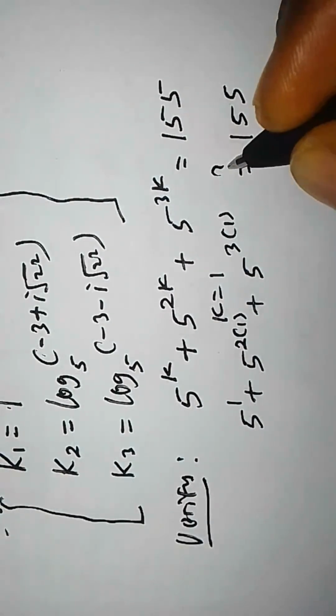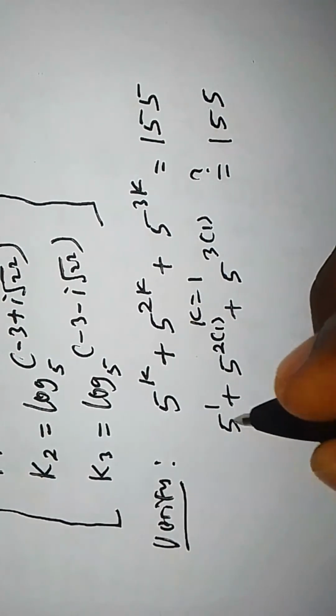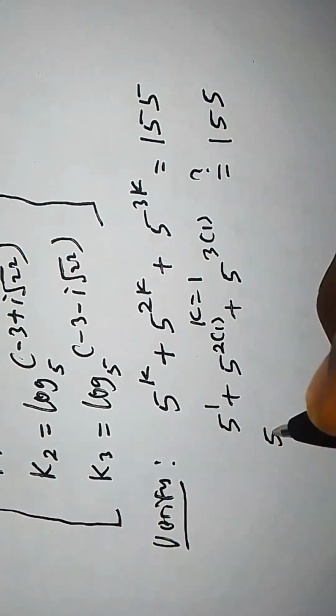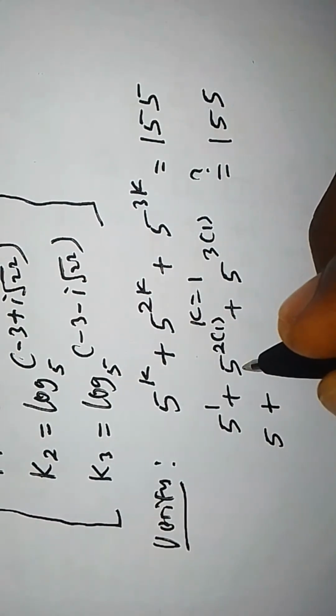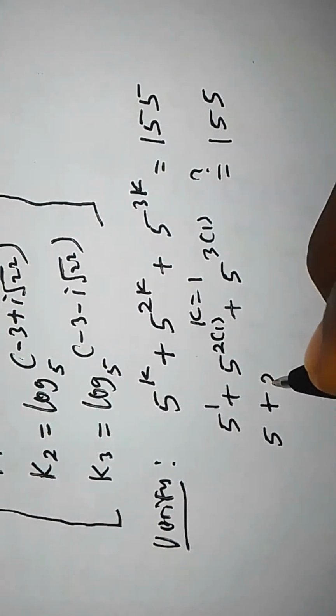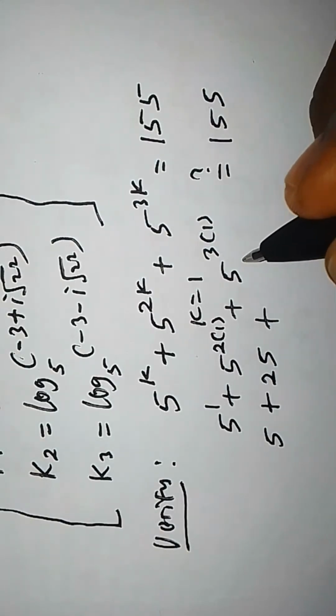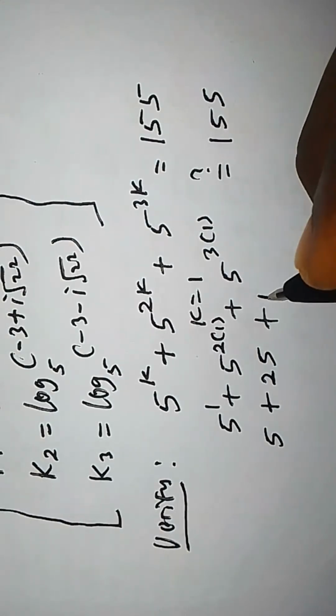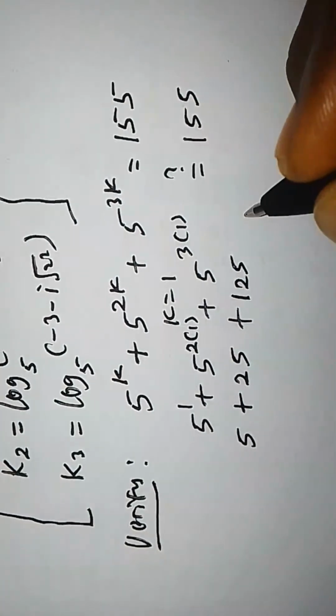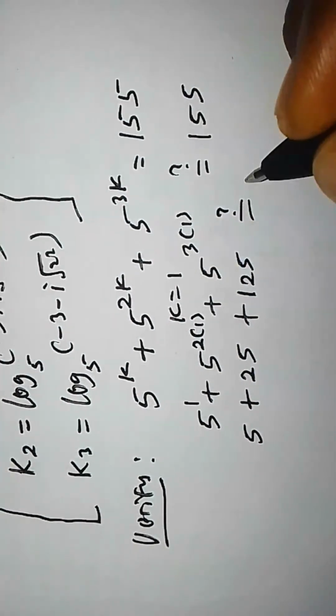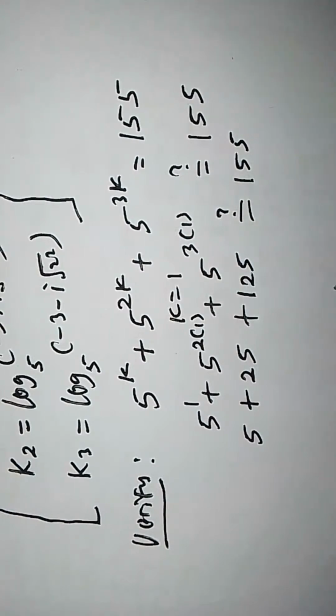This is our claim. What is 5 to the power of 1? That is simply 5, plus 2 times 1, 2, 5 squared, that is 25, plus 3 times 1, 3, 5 cubed is 125. This equals our claim, 155.